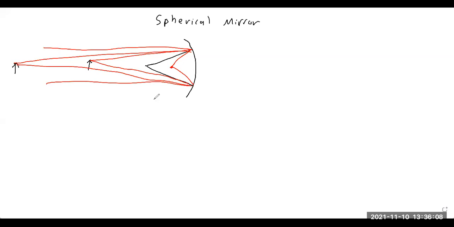So if you have something really, really far away, it's like the light coming from it is parallel. So something from very, very far away would focus at the focal point, or parallel lines coming in focus at this focal point.